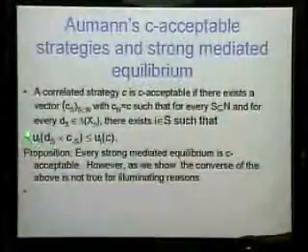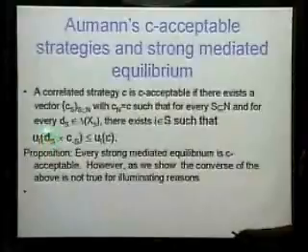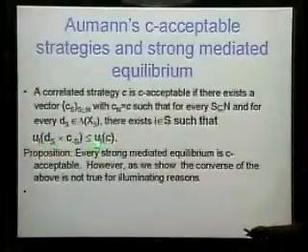A strategy is C-acceptable if there exists a vector of correlated strategies, one for each subset, such that the correlated strategy associated with the set of all agents is just C, and for every subset of the agents and every correlated strategy of them, there exists some agent such that if you deviate to this correlated strategy, then this agent will not gain.